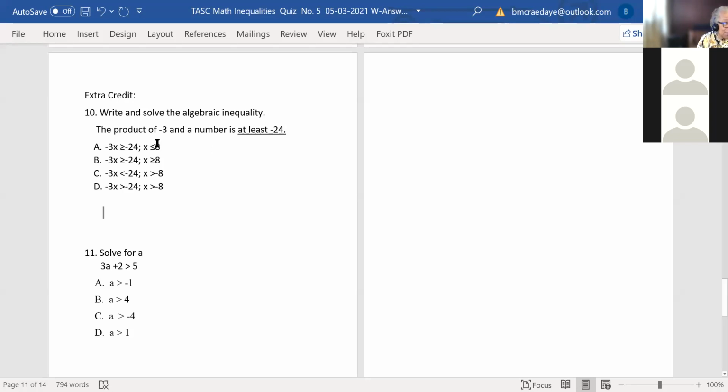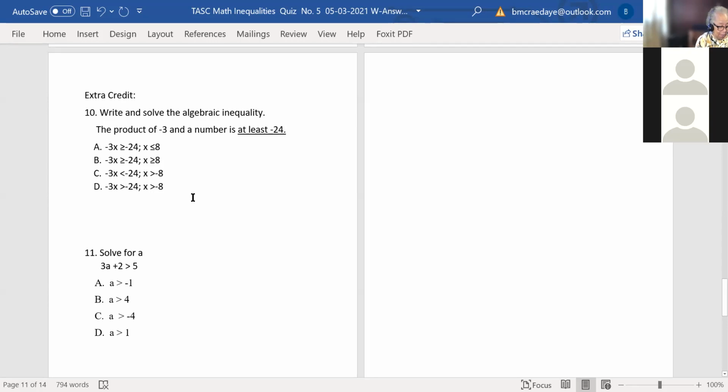Because see, if this was a 7, that would be a 7 times a -3, which is -21, and -21 is greater than -24, greater than or equal to. This says less than. If this is greater, say if this is a 9 times a -3, that is -27, which is actually less than -24.